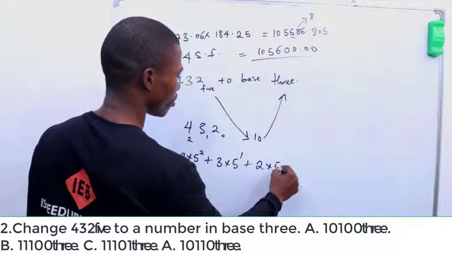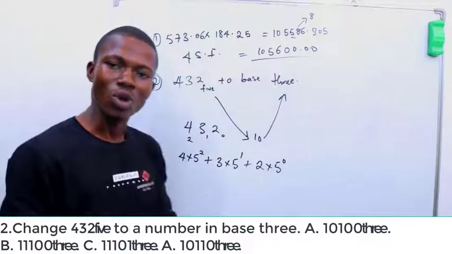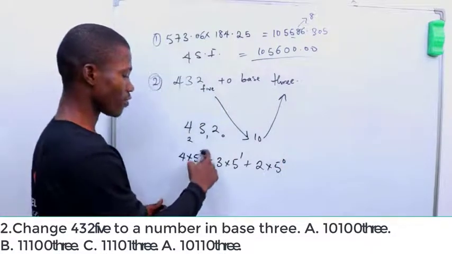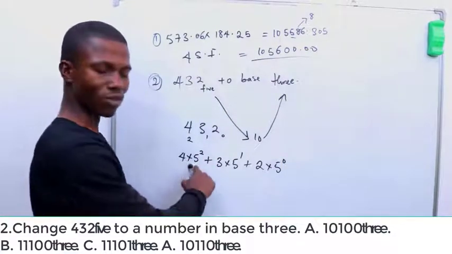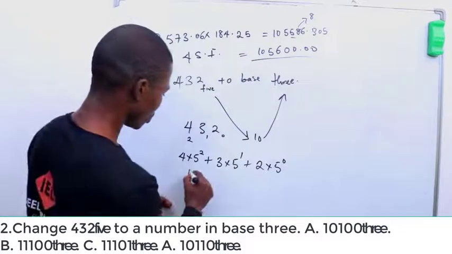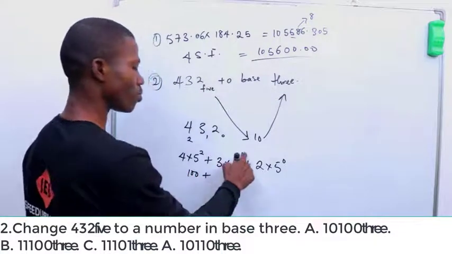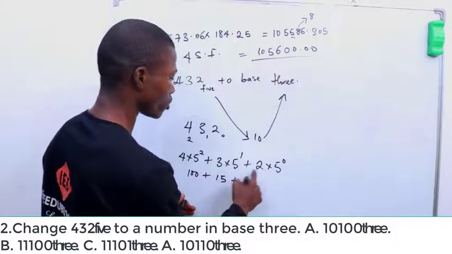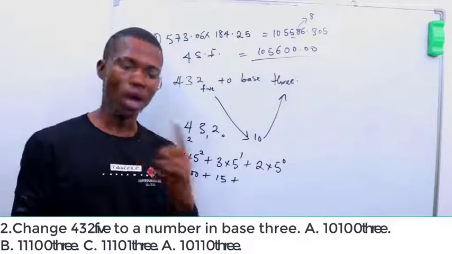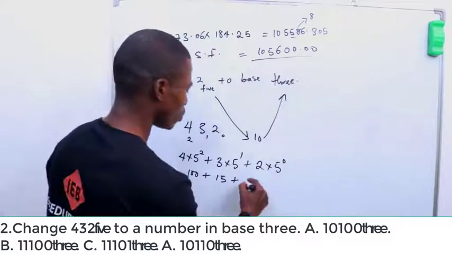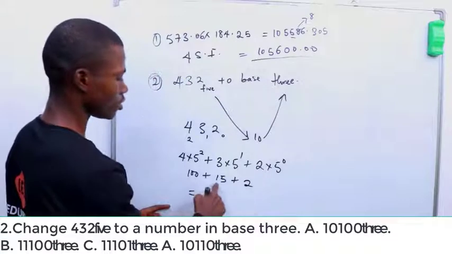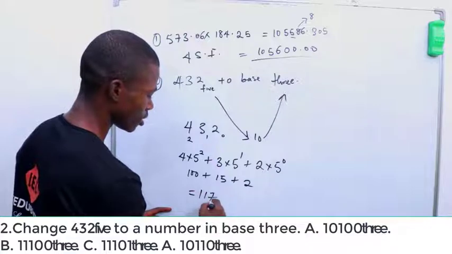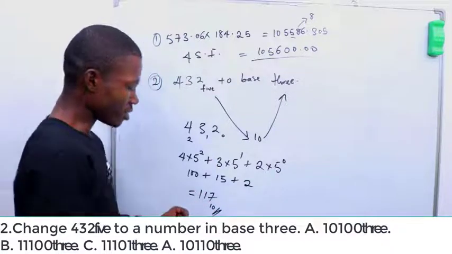With this, we have effectively converted to base 10. 5 squared is 25; 4 times 25 is 100. 5 raised to the power 1 is 5; 3 times 5 is 15. Anything raised to the power 0 is 1, so 2 times 1 is 2. We add: 100 plus 15 plus 2 is 117 base 10.